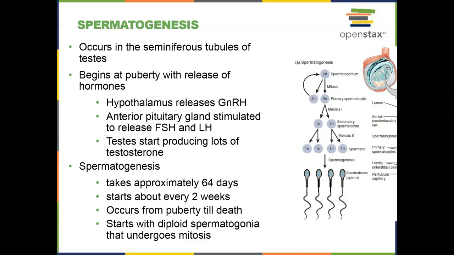We have the crossing over in prophase 1, and then independent assortment in metaphase 1. In the end, we have haploid sex cells.